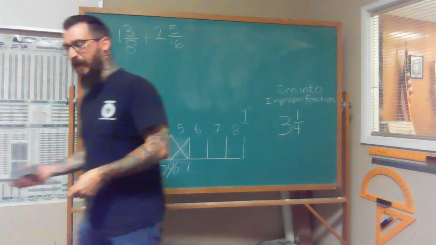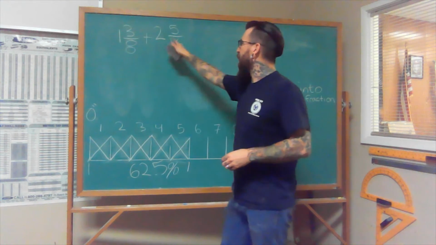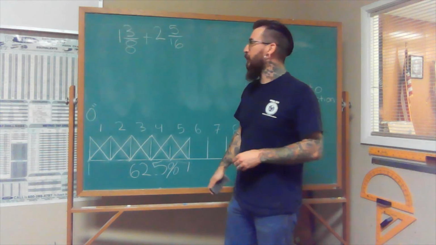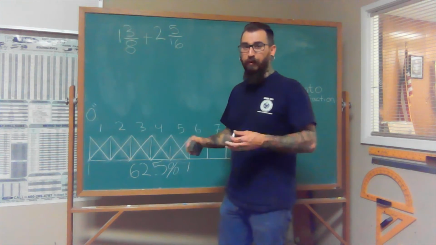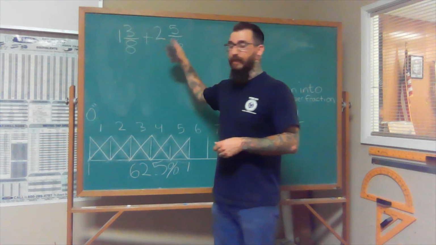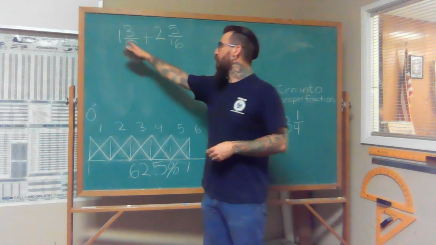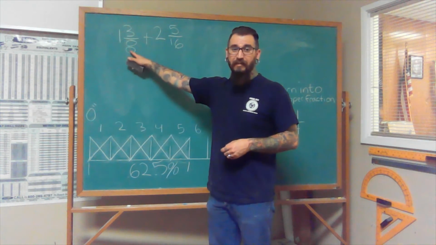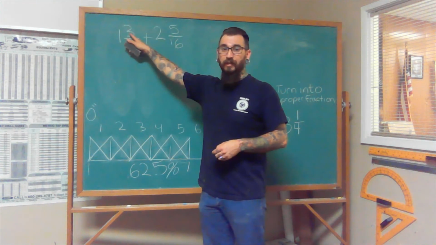Okay, now we got all kinds of stuff going on here. We got the big guys who are crowding out the party, not speaking the same language, going against the flow. We got two different denominators. So our first task is we want to get these down to improper fractions so everybody can get on the same page. So we know that 1 times 8 is 8. And then 8 plus 3 equals 11.